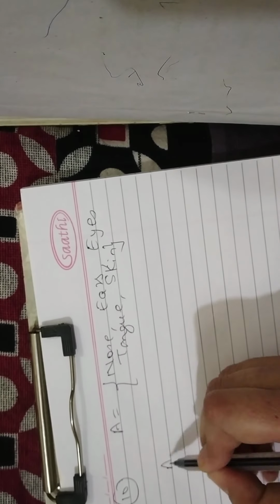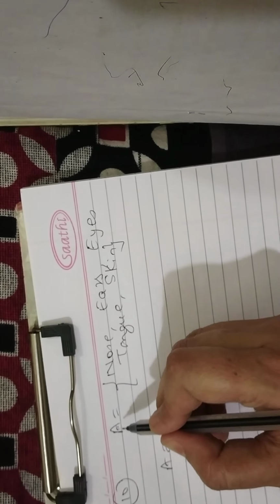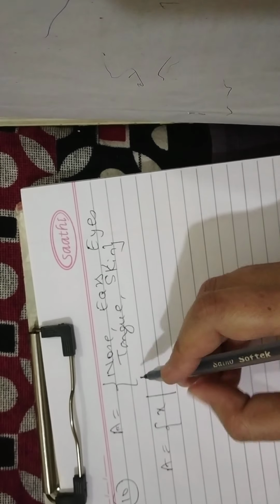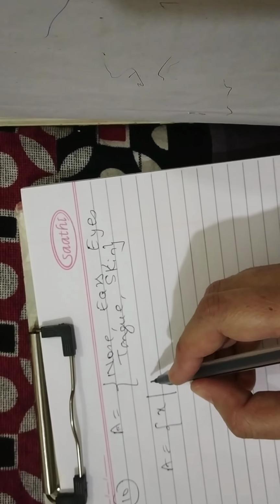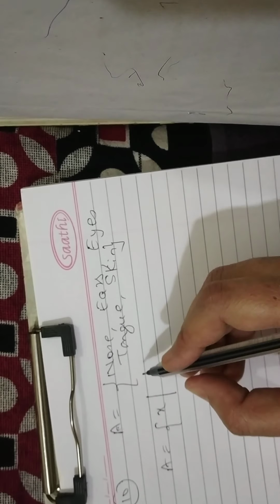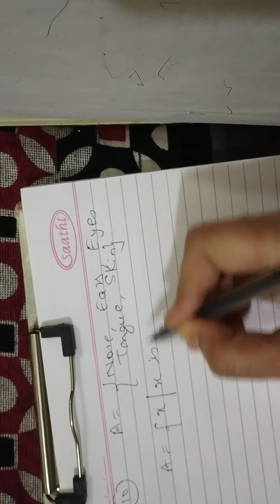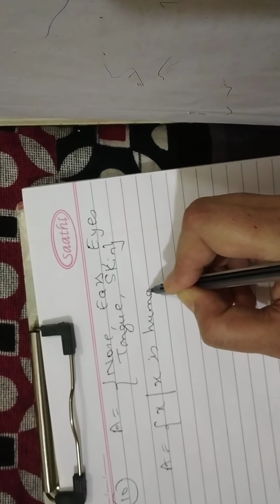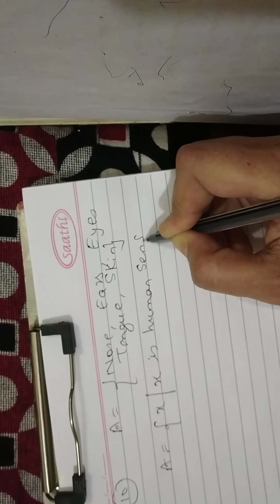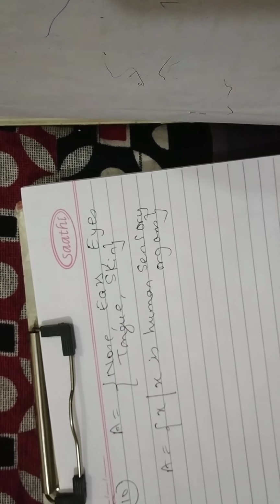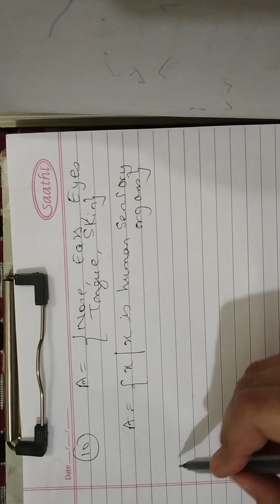What are we going to write? This A, B, C, D, anything you can take, it is not compulsory. X is such that, what are you going to write here? X is such that X is human sensory organs. You can write like this.